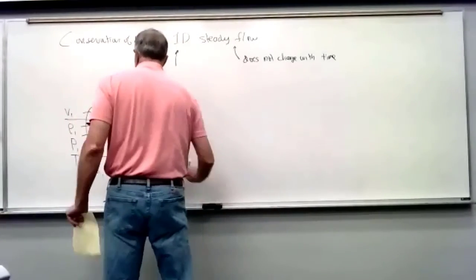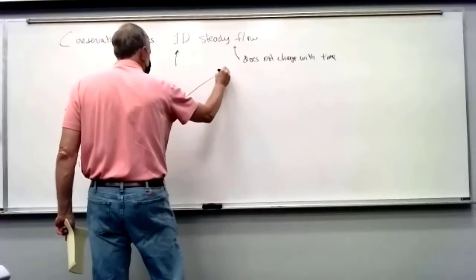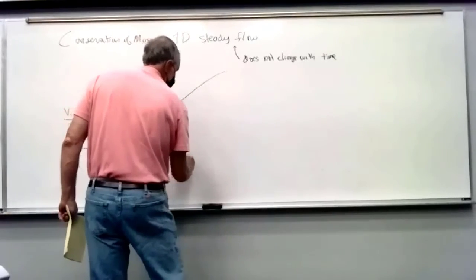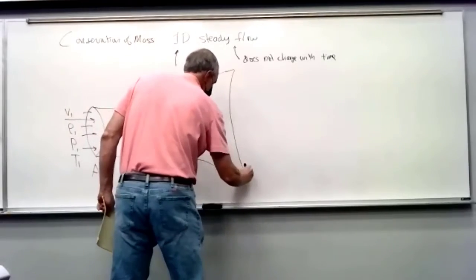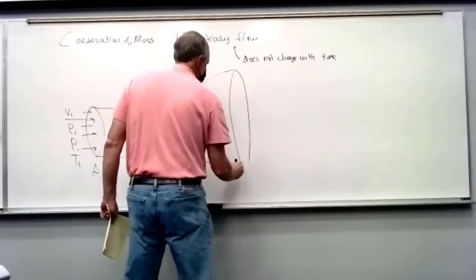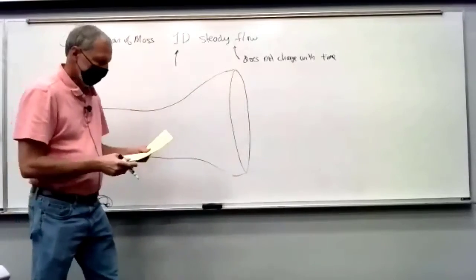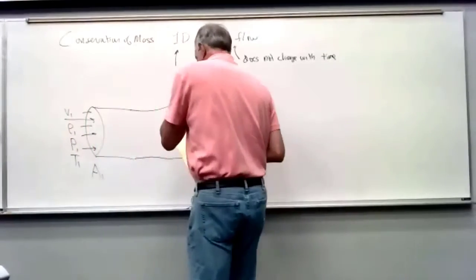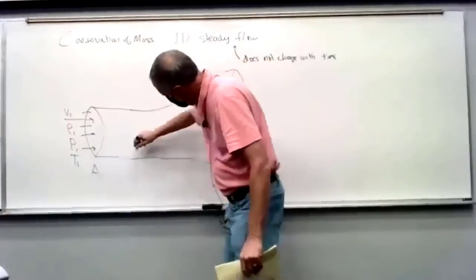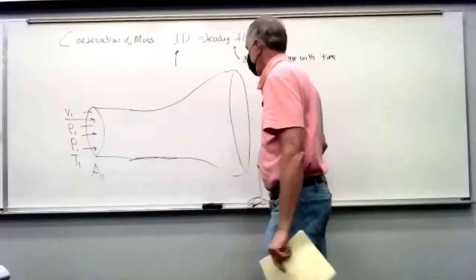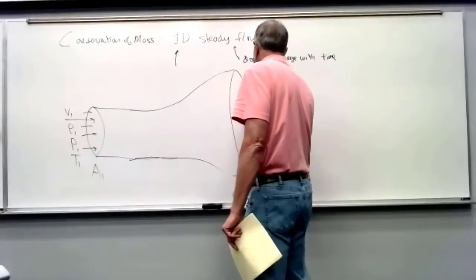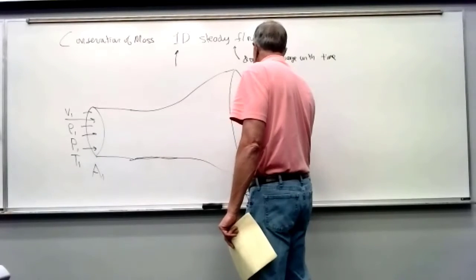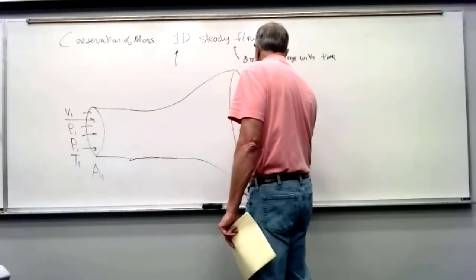So let's say this thing changes area like this, to where the flow comes out the other side. And it's going to have a velocity, pressure, density.